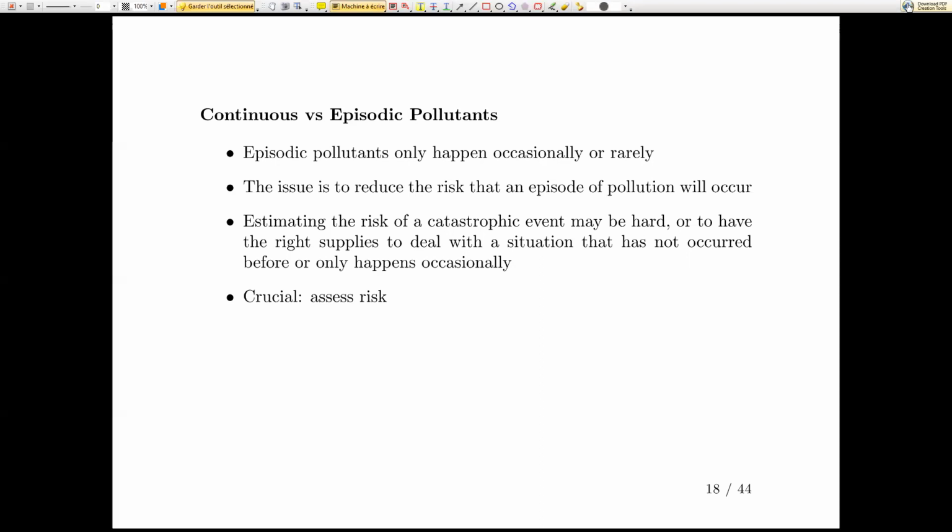In a way, why do we care that environment be clean or be good for human beings to live in? It's because we don't want to die in this, if it's not necessary to. So it's really linked to the risk.